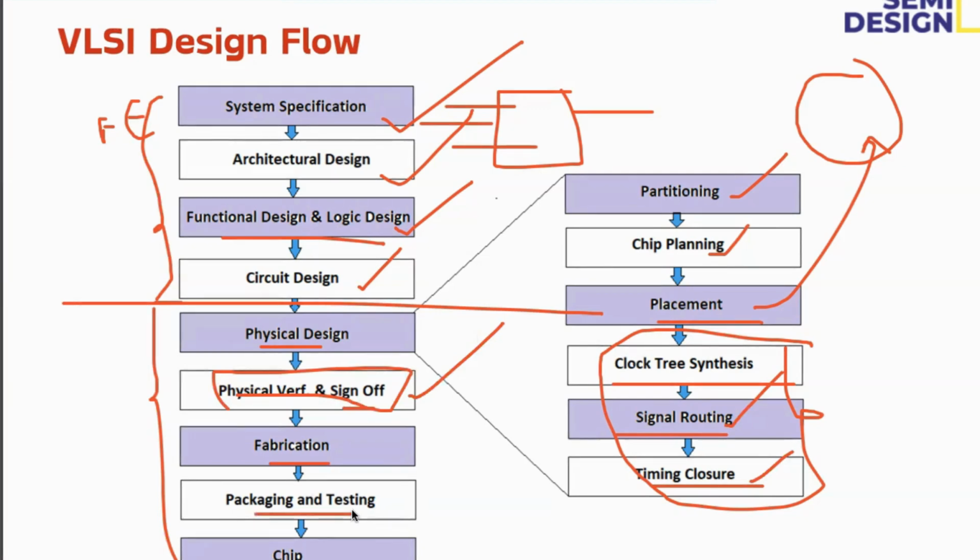Packaging and testing means once all these things are completed, we integrate the silicon wafer and put it into the packaging. And then the chip, in the sense of a ready-made integrated circuit. So these are the various steps we need to follow to manufacture a VLSI chip.